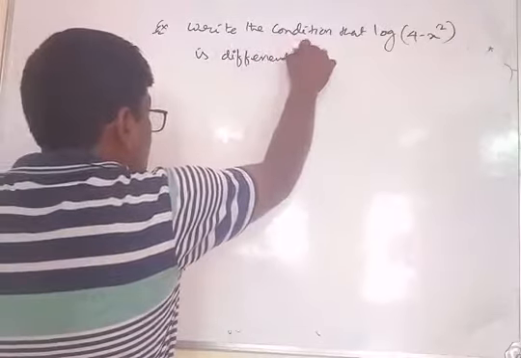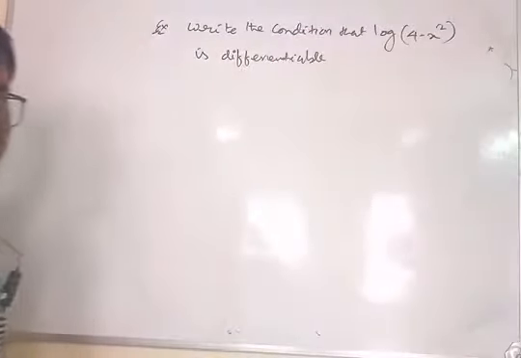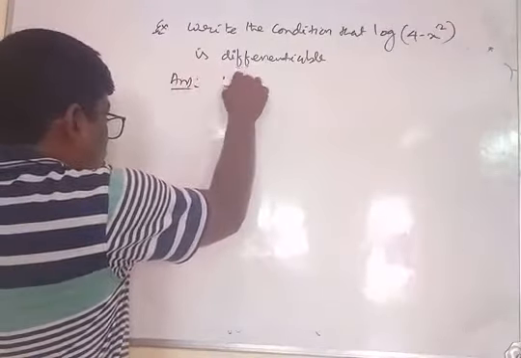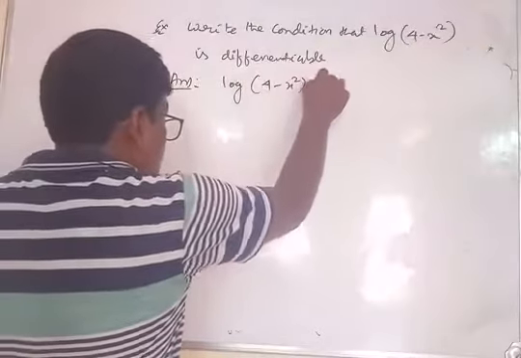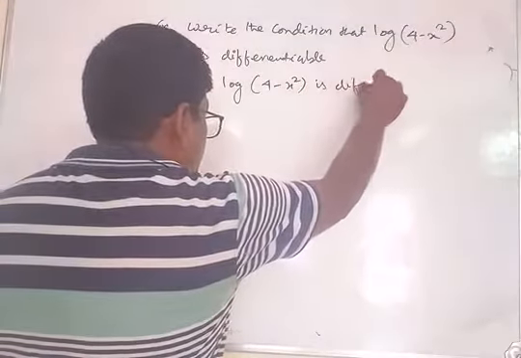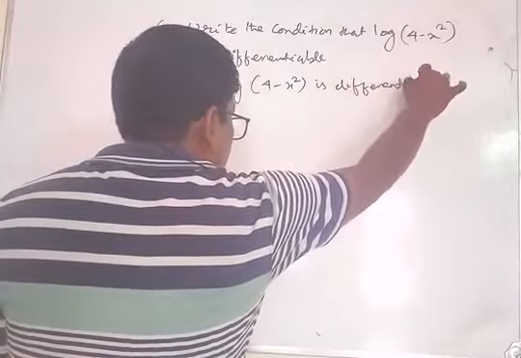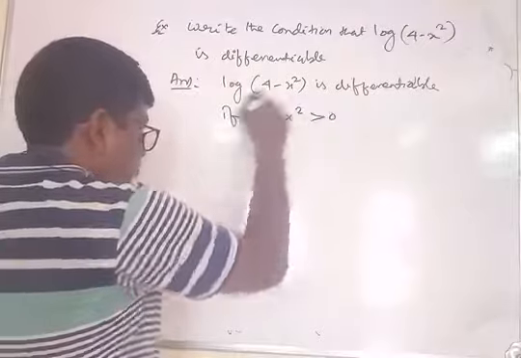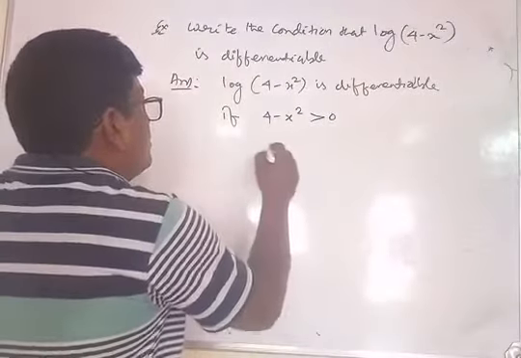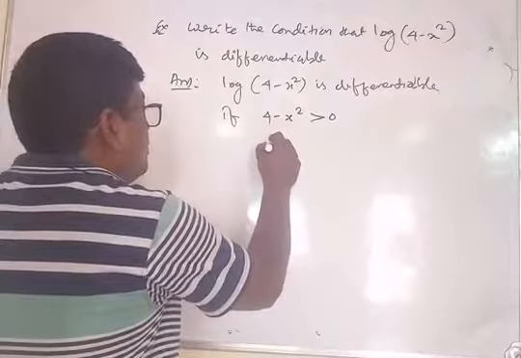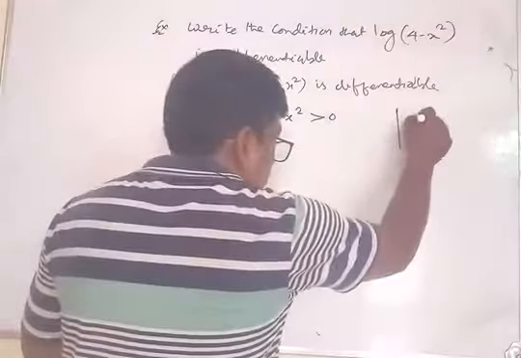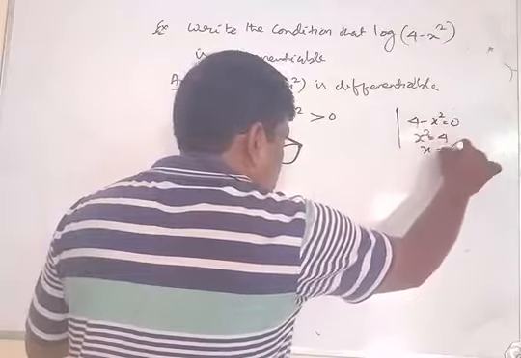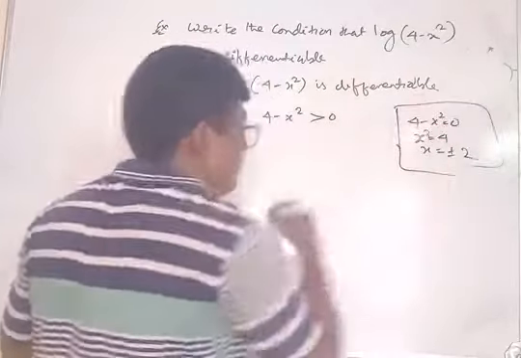So the answer is: log of 4 minus x square is differentiable if 4 minus x square is greater than 0. Solve this: 4 minus x square equal to 0, x square equal to 4, x equal to plus or minus 2. This is our rough work.